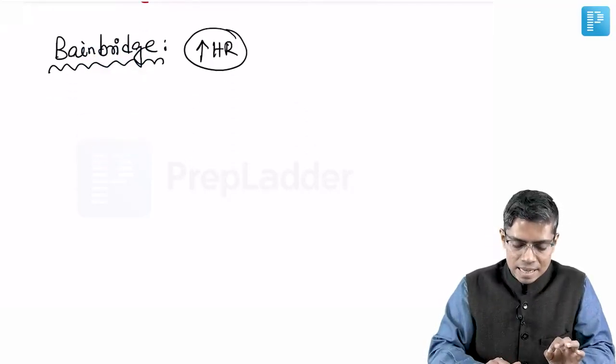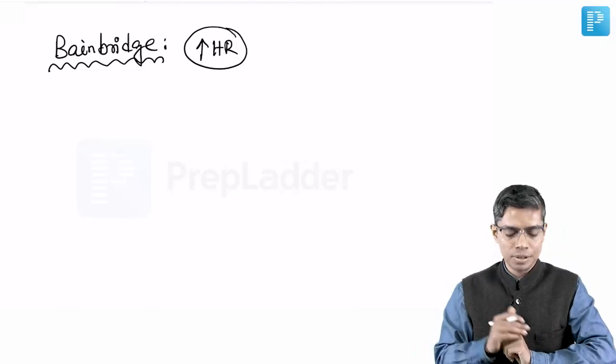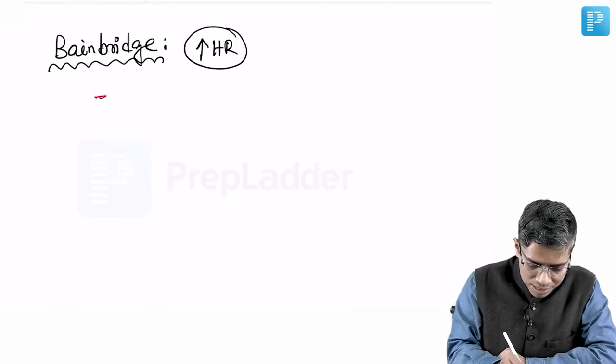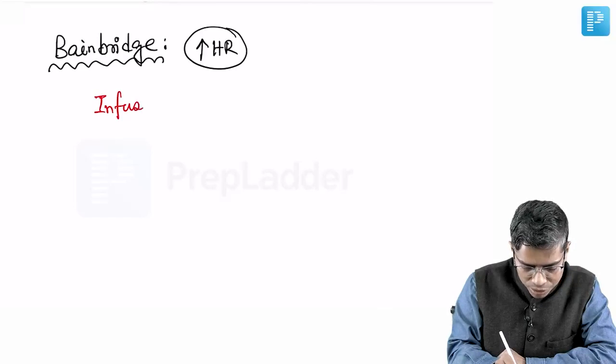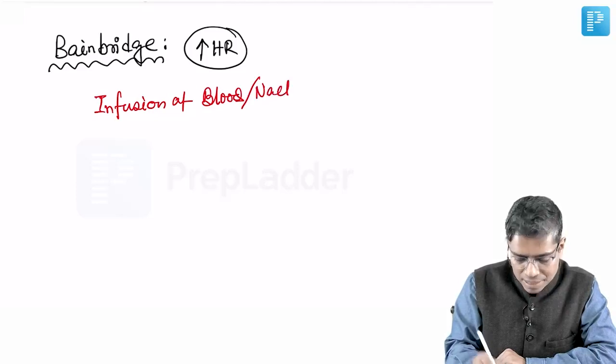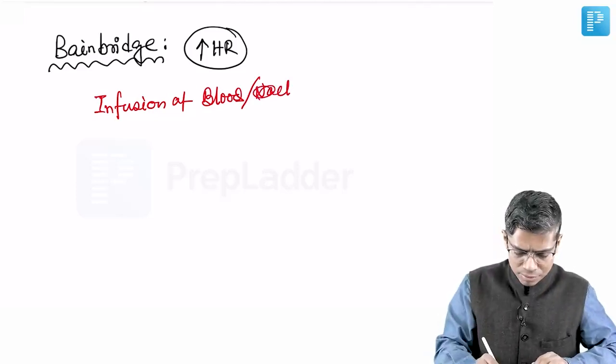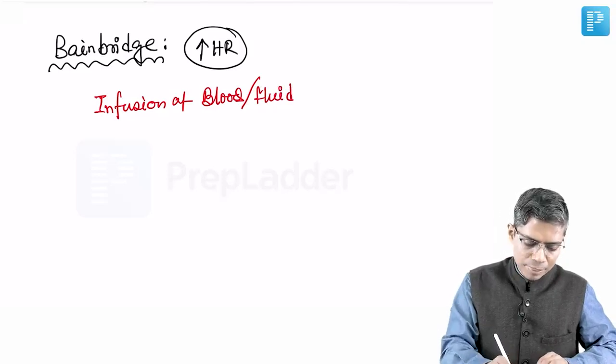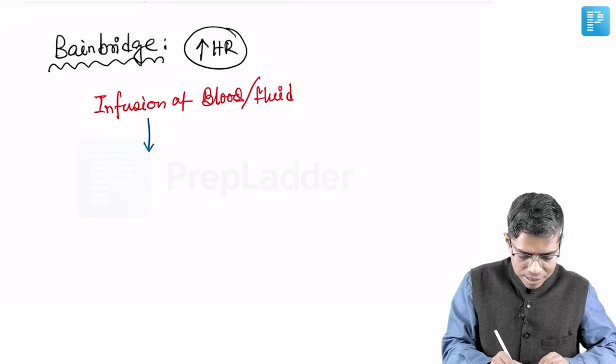Now we know the explanation of this Bainbridge reflex. Whenever you are giving an infusion of blood, or normal saline, or any kind of fluid, ultimately it is going to increase your venous return.